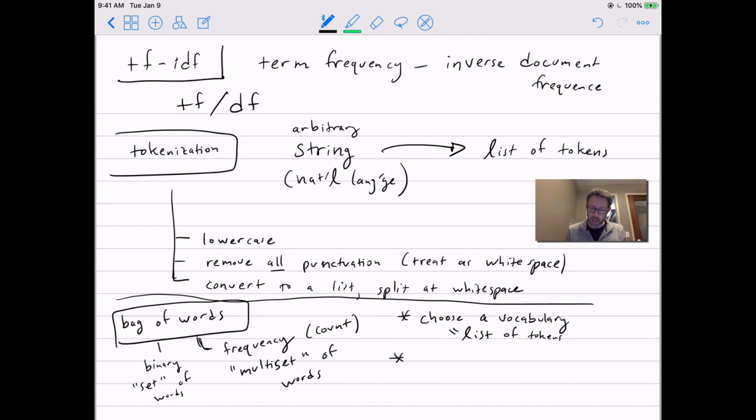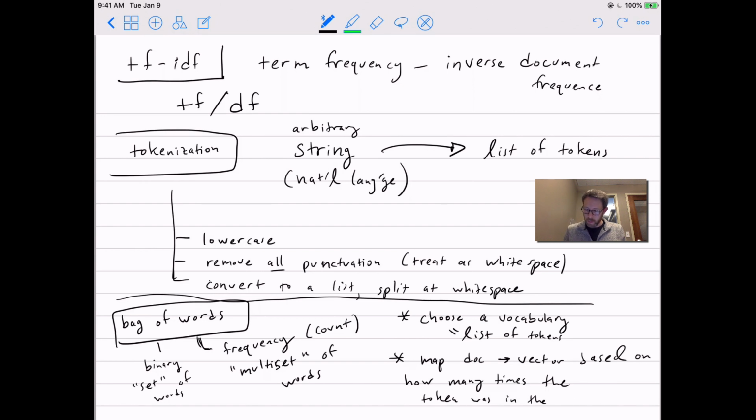And then given a document, you map that document to a vector based on how many times the token appeared in the document. Let me try to explain that.